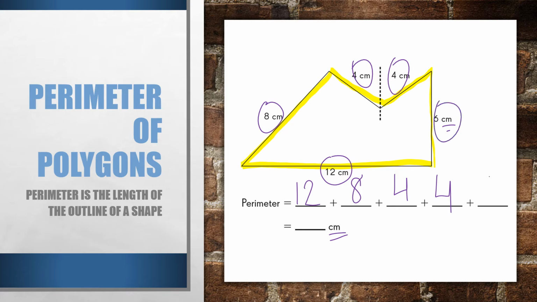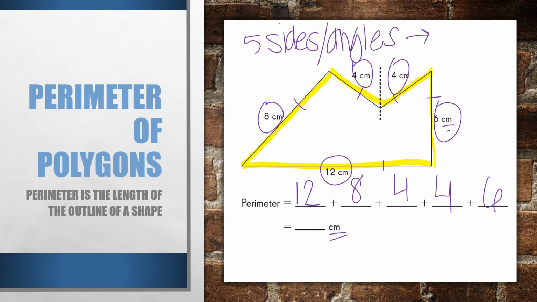plus 6. So do we see this as a 1, 2, 3, 4, 5-sided shape? So there's 5 sides, 5 angles, which means this is called a, remember, pentagon. My N got lost over there, sorry.